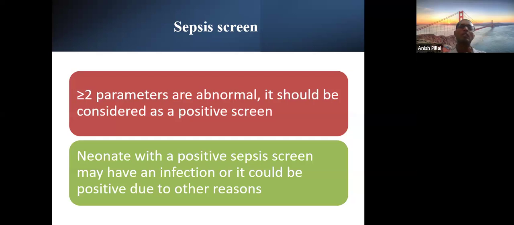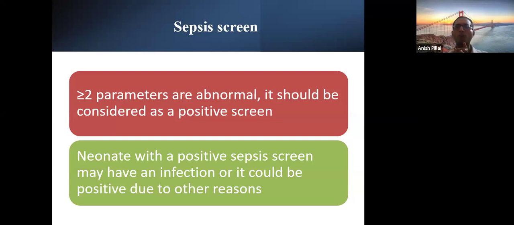Mother's counts? Was there prolonged labor? Was there PPROM? Is the discharge foul smelling? Is the baby preterm or term? Does the baby have a central line for late onset sepsis? Have there been multiple pricks? What center has the baby been referred from? So this is my risk factor assessment, which is my filter number one.